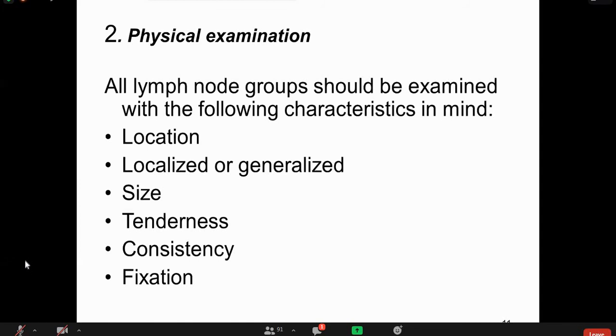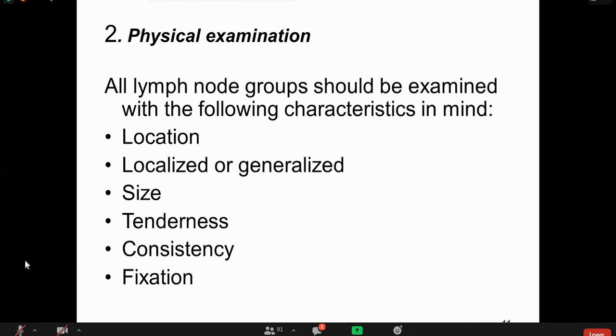So while describing a lymph node, one should be very particular in designating the lymph node as localized or generalized. The size of the lymph node is really very important. Any lymph node which is less than 1 cm is not clinically significant, but any lymph node which is 1 cm or greater becomes clinically significant.